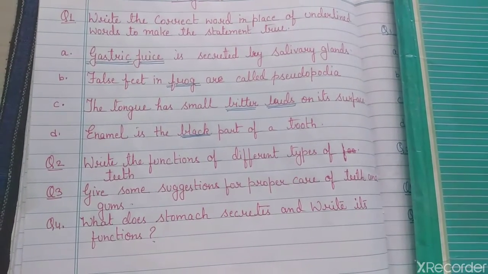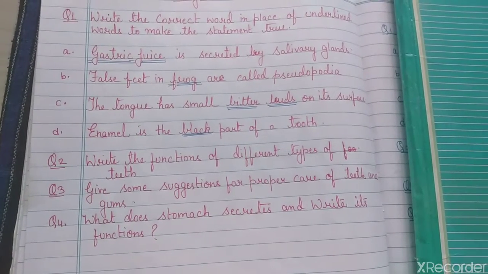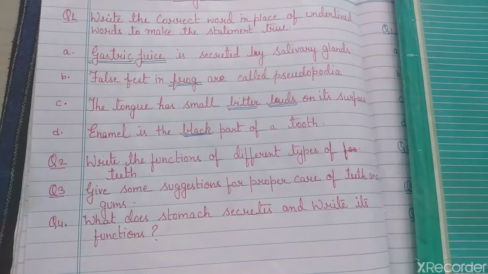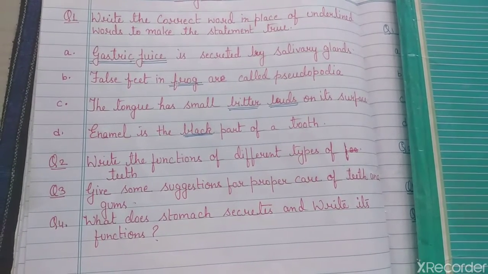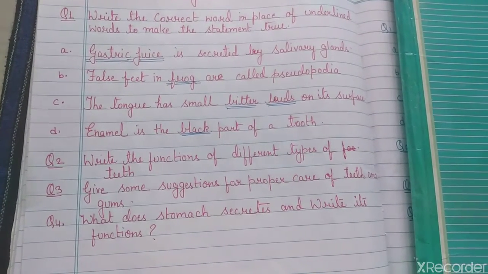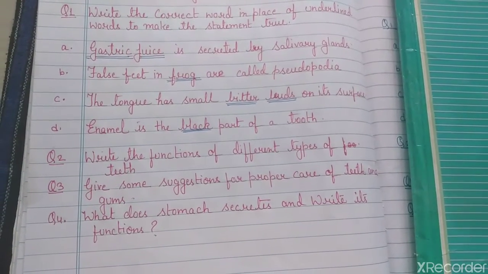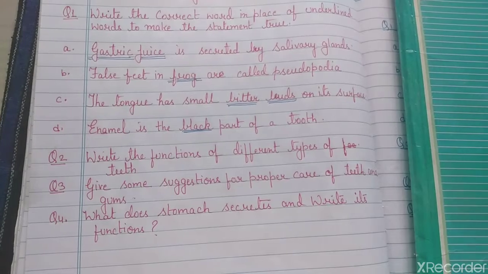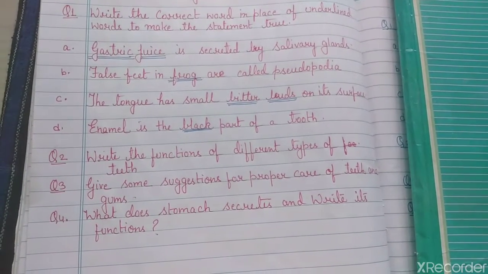An enamel is the black part of the teeth. Just now we have read the structure of teeth, so you can understand which is right or wrong. Then, write the functions of different types of teeth. This is the second question. Third, give some suggestions for proper care of teeth and gums that we have studied just now.